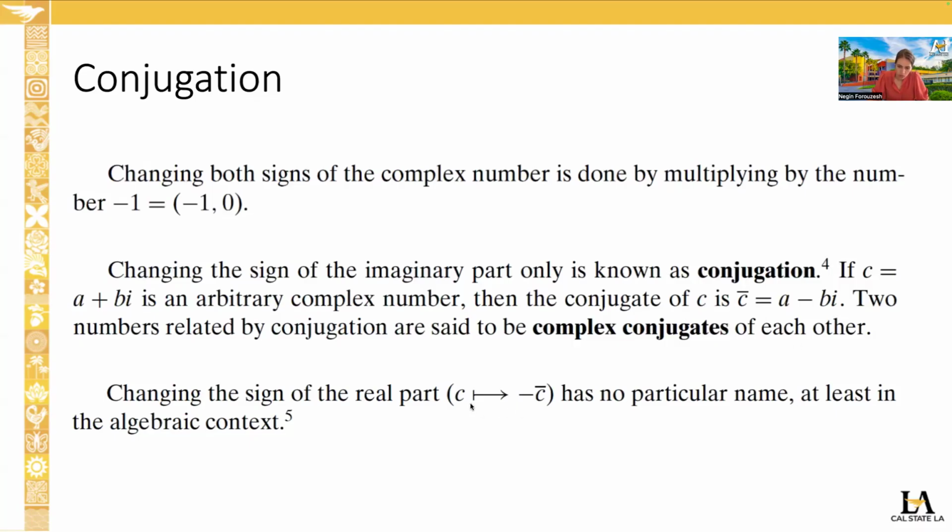So you're only changing the sign of the real part, but since it doesn't have any important implication, we don't have a particular name and we don't really deal with that. So the most important case when changing signs is when we only change the sign of the imaginary part, and for that we have a special name. It's called conjugation. Okay, is it clear here?